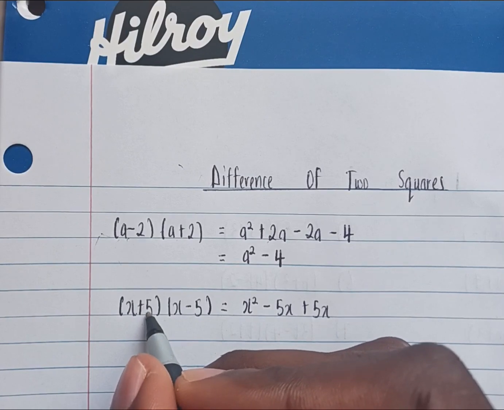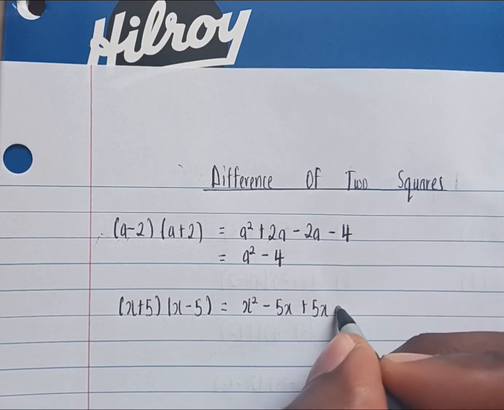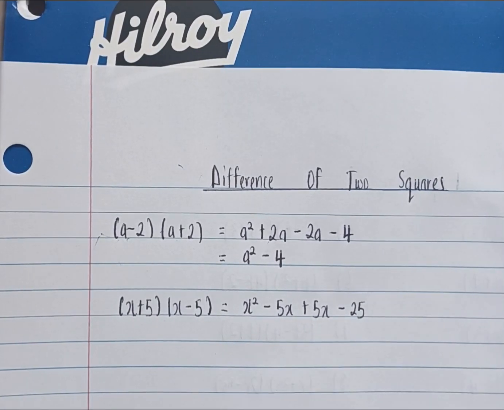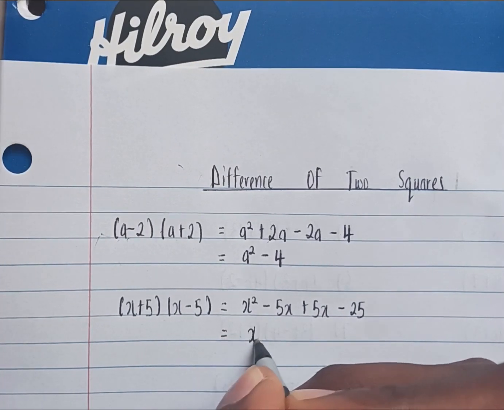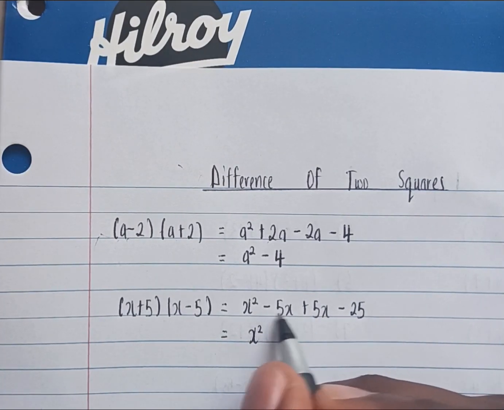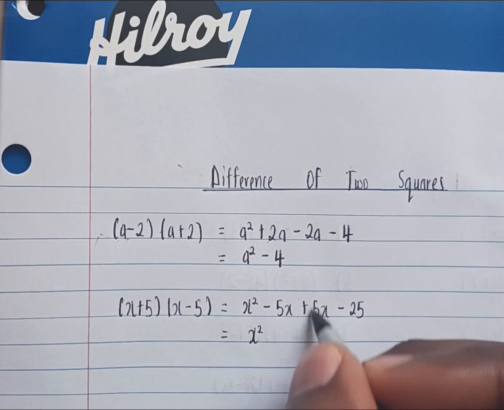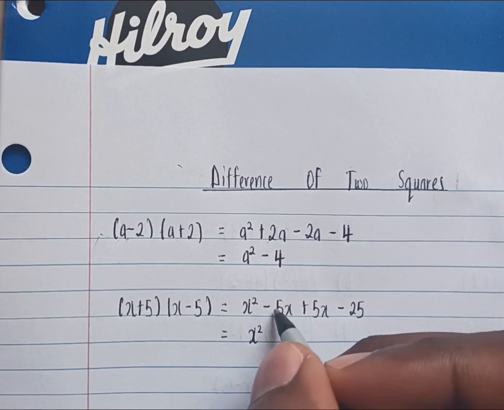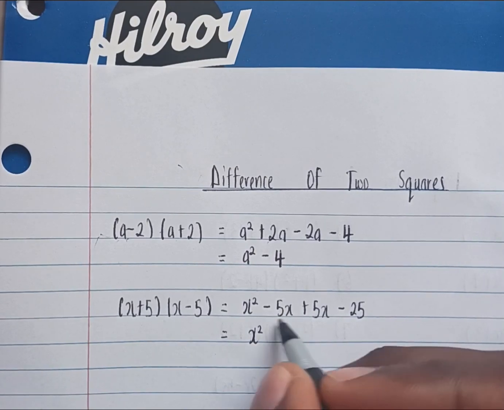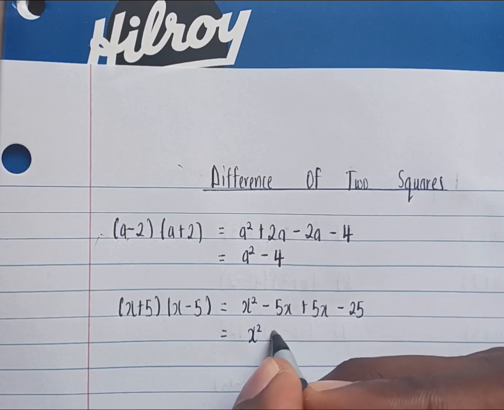And we have plus 5 times minus 5, which is minus 25. And this one equals x squared. We have like terms minus 5x plus 5x, so 5x is removed from minus 5x. So here it gives 0, and we are left with minus 25.